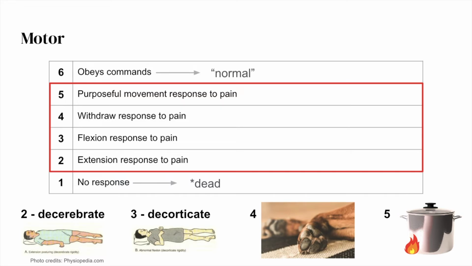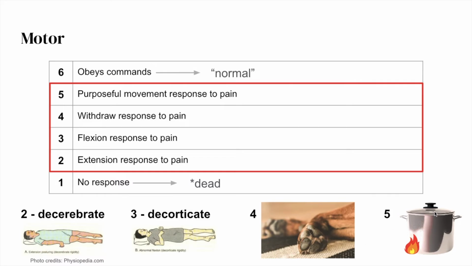Then a score of 5 is similar, but it involves purposeful movement in response to a painful stimulus. While 4 was withdrawing from stimuli, it's more so with an unconscious element. That's why I think of the dog or the cat as asleep when they withdraw their leg.